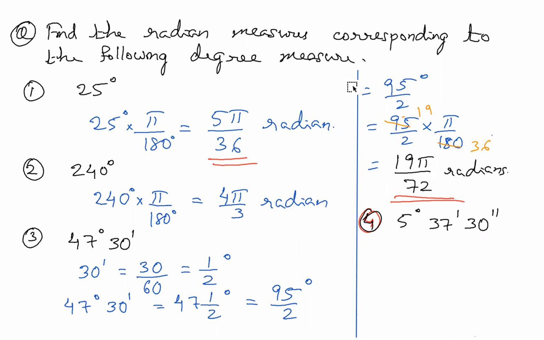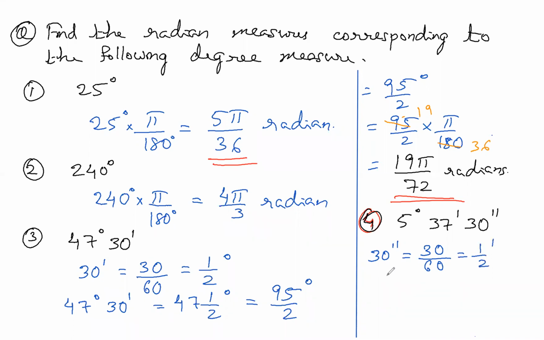Okay, so has anybody completed this one? I will start slowly with this sum. First, convert the 30 seconds to minutes. 30 seconds is 30 divided by 60, which gives half a minute.